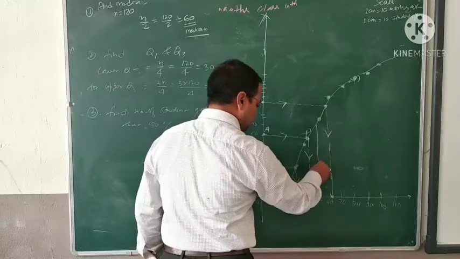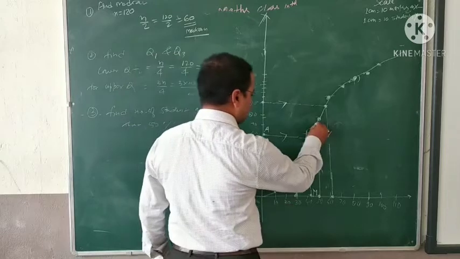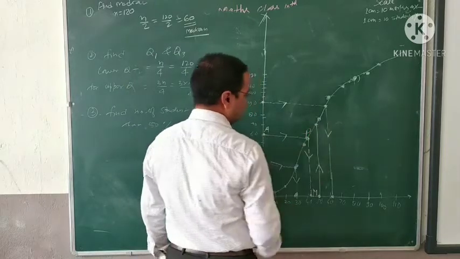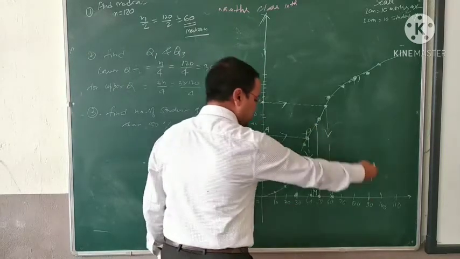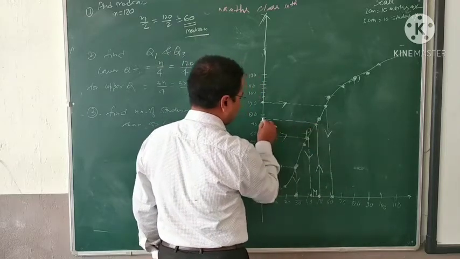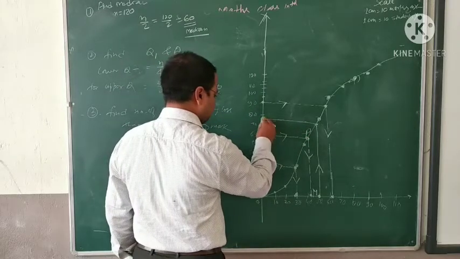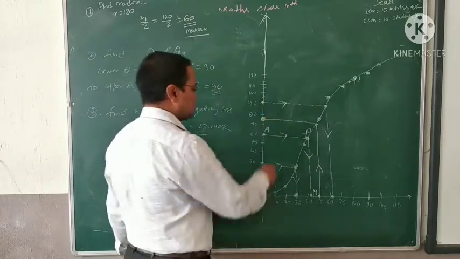Side will be different now. From the point where it intersects, draw a line parallel to the x-axis like this. So this point, let this be K.